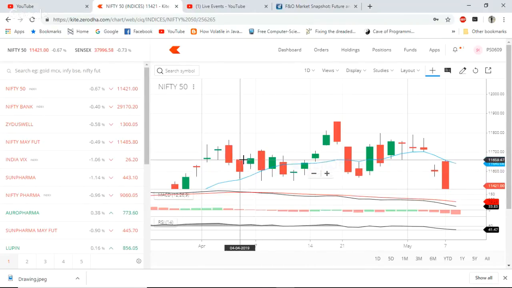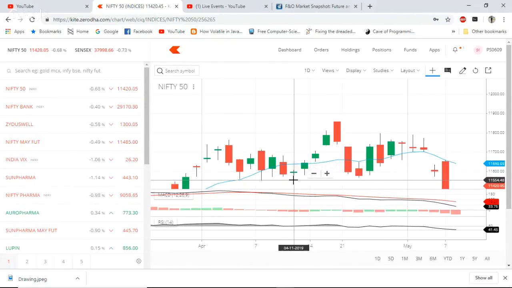So there are two things. This is called the body of the candle. The rectangular part is the body of the candle. Now the body is very small, which means the open and close are pretty much the same. There's very little distinction between the open and close. So in this case, open equals close, around 11,594. A 2-3 points difference is okay.